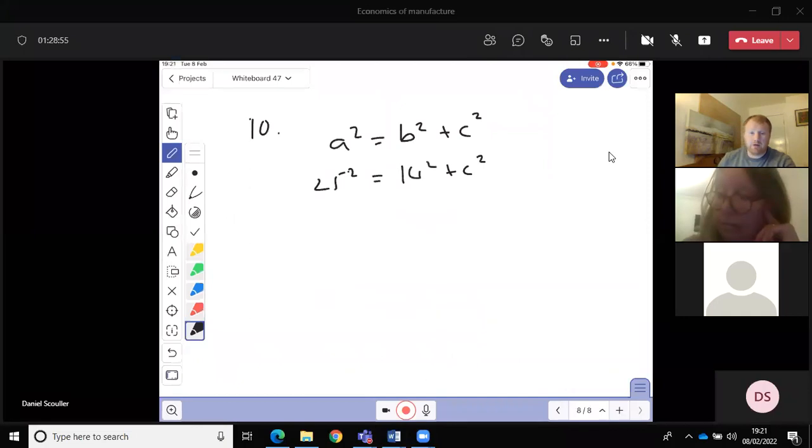So you've got 25 squared, which was our hypotenuse, the opposite side to the right angle. 14 squared, which was Callum to the ball, and then c squared, which is Scott to the ball, and that's our missing side. So just working through, rearrange that to get c on its own.